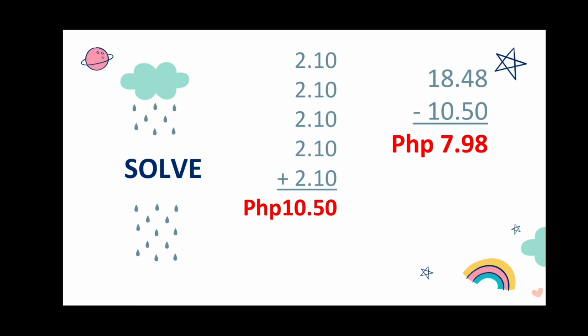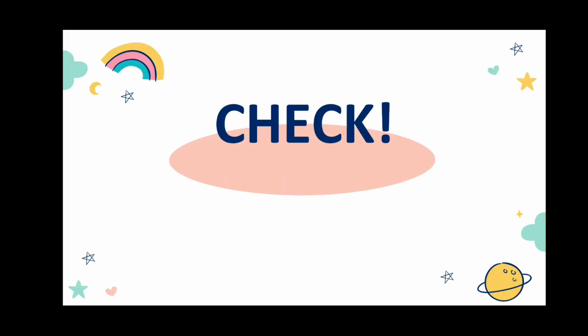Just to make sure, let us check. We're going to use the reverse operation. So, dahil nag-subtract tayo kanina, ngayon naman, mag-a-add tayo. Okay, so 10 pesos and 50 centavos plus 7 pesos and 98 centavos. Yung 10 pesos and 50 centavos, yun yung total amount of 5 candies.